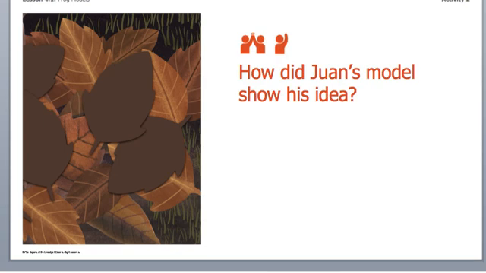Turn and talk to someone next to you or just think out loud. Right, Juan's model showed his idea because he made shapes that were like the shape of the frog. He put them in the leaf and then, just like the frogs, they were hard to see. Juan's shapes were hard to see because they were brown like the leaves.